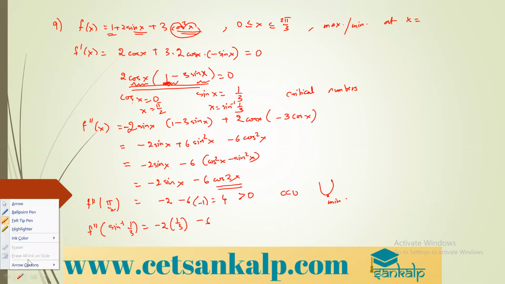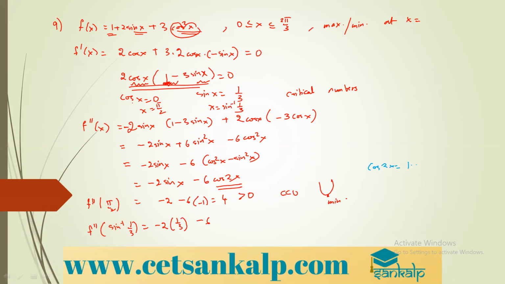What's the formula for cos 2x? Cos 2x is 1 minus 2 sine square x. That is 1 minus 2. Sin x is 1 by 3, so sine square x will be 1 by 9. That means 9 minus 2, 7 by 9.